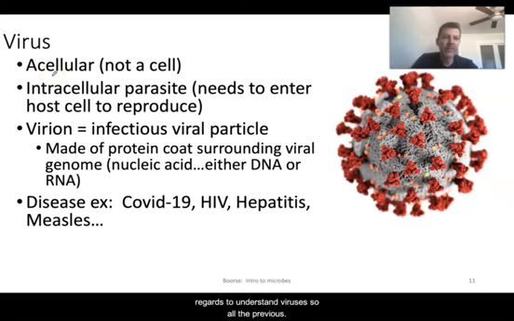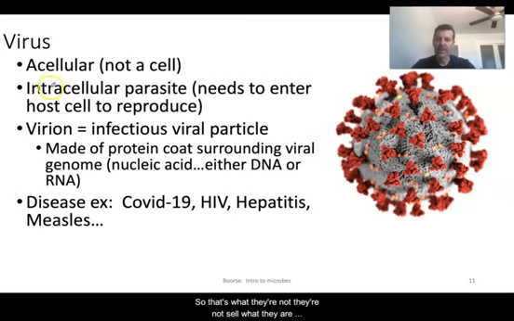So all the previous groups of microbes, whether it was a protozoan or a bacteria or a helminth or fungus or whatever, we could classify them as either prokaryotic or eukaryotic, which describes how their cells look. But notice acellular means lacking cells. So viruses are not cells. So we can't classify them as prokaryotes or eukaryotes because they're not cells.